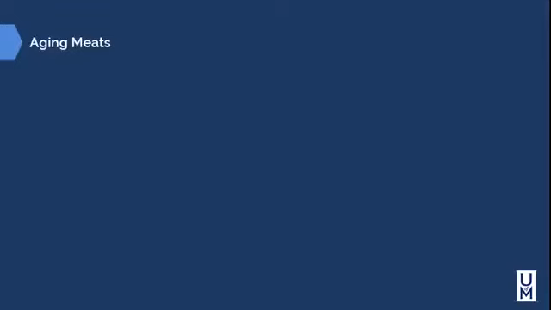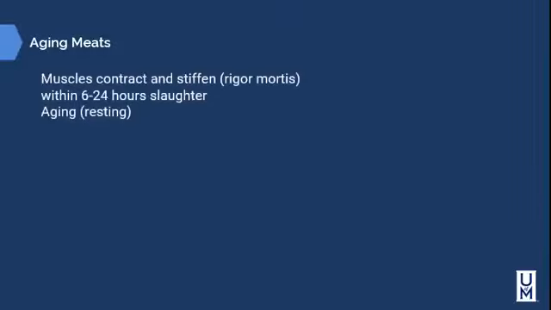One of the common misconceptions is that we can just slaughter an animal and then throw it on the grill. It doesn't work like that. Unfortunately, there are some biological processes that have to occur first. Muscles contract and stiffen in a process called rigor mortis, and this occurs within 6 to 24 hours of slaughter. If we don't allow it to go through this process, the meat will be tough and inedible.